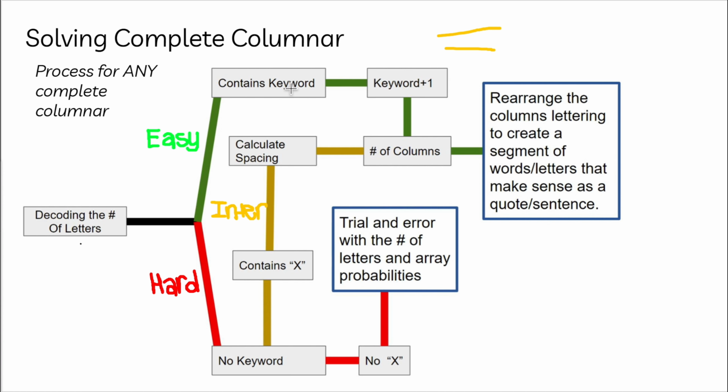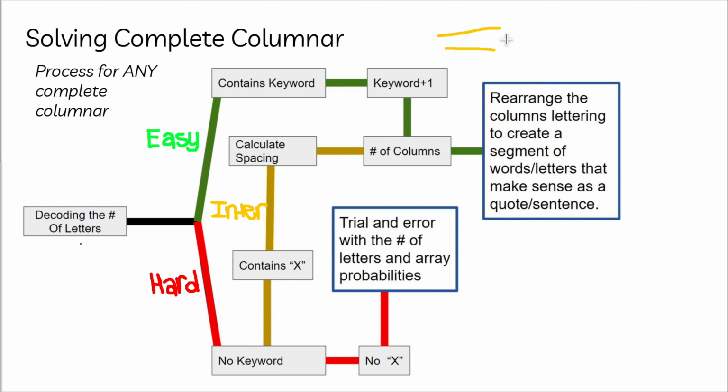Intermediate and hard have no keyword, but easy always has one, and by keyword, it's not like an Aristocrat keyword, it's a hint that is given, for example, saying the keyword is somewhere in this text, and then you go based on that. So if the keyword is life, and life has 4 letters inside of it, right?